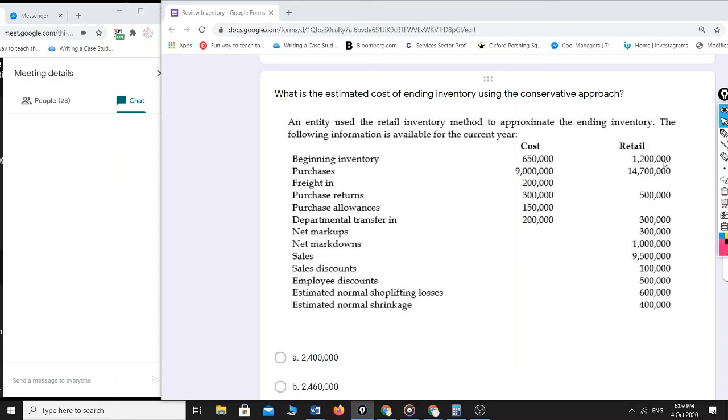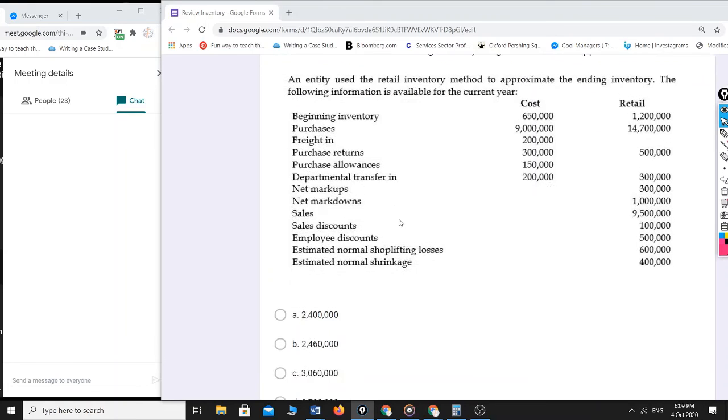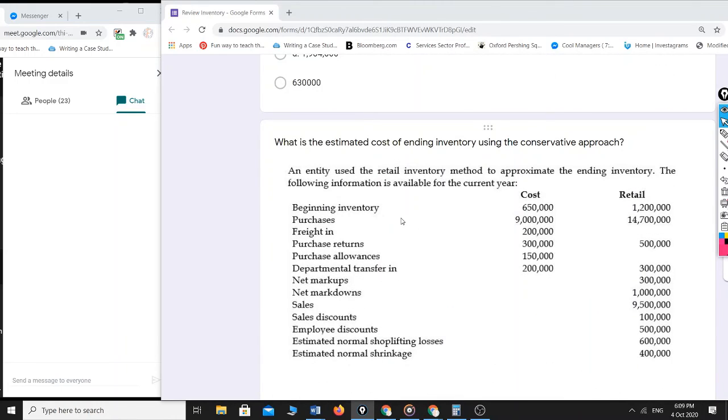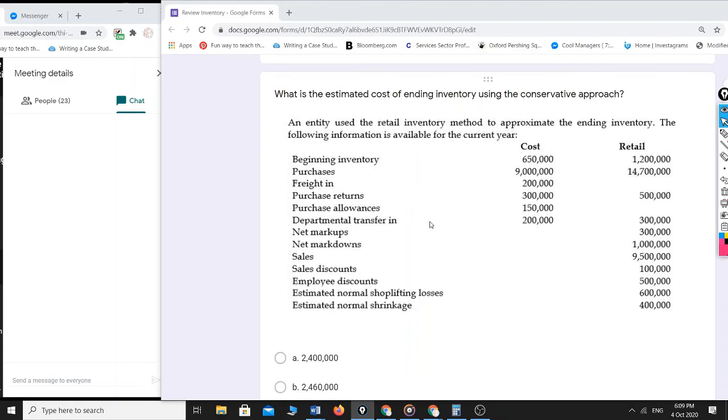I mean, when they order their supplies, their inventory flow is consistent. So, we will use the retail method. So, they were advised to use the retail method.